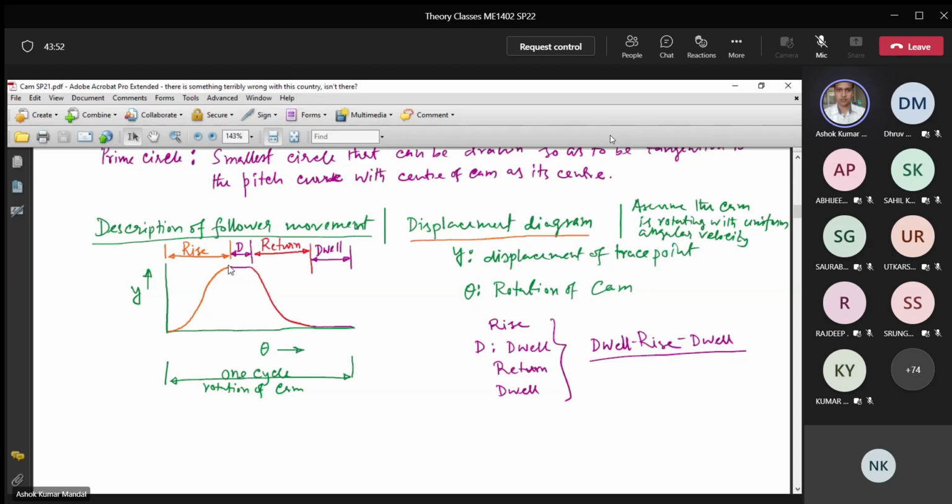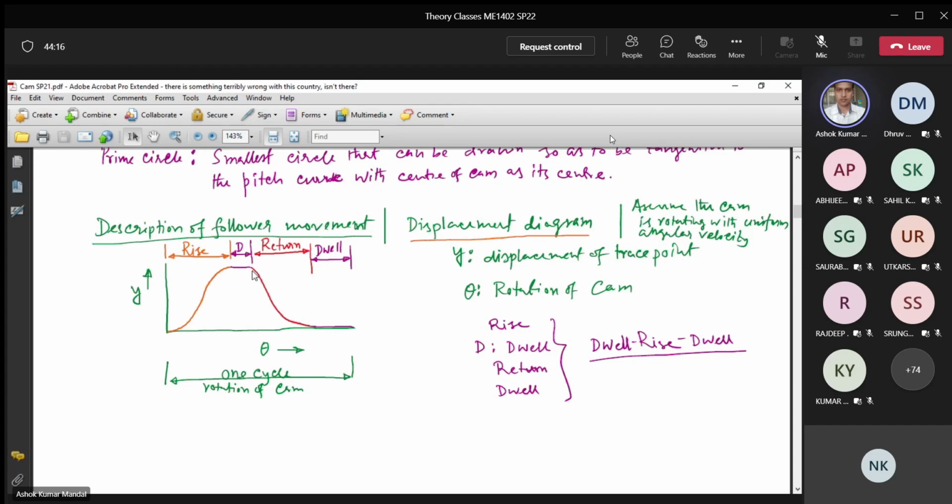This whole portion of the motion of the cam with respect to the follower is called rise. Then at some point, there will be no motion of the follower. The cam is rotating, but the follower is not moving. That portion is called a dwell.